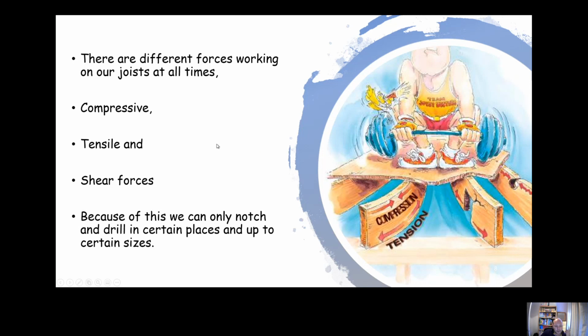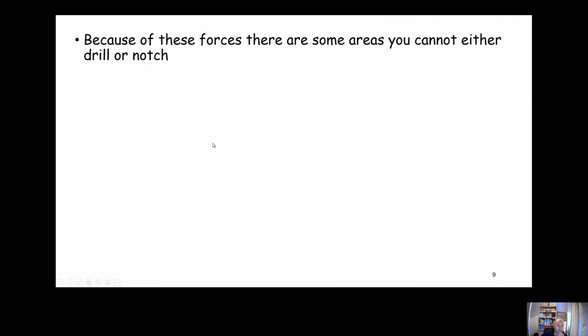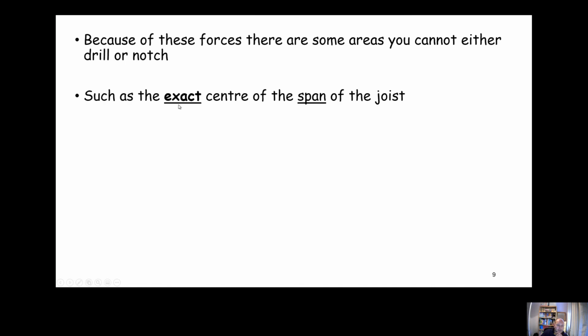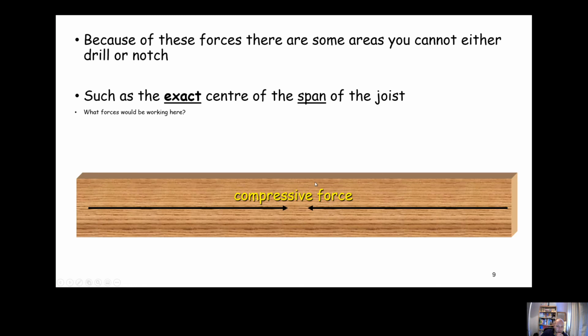Because of this we can only notch and drill in certain places and up to certain sizes. There are some places that you can't drill or notch: the exact centre of the span, right in the middle here. Whenever we drill, we want to make sure that we drill in the centre of the depth, but we mustn't drill in the centre of the span. The span is the distance from edge to edge.